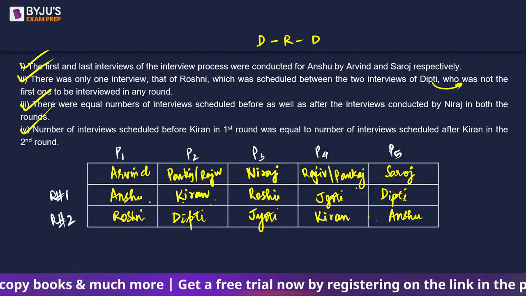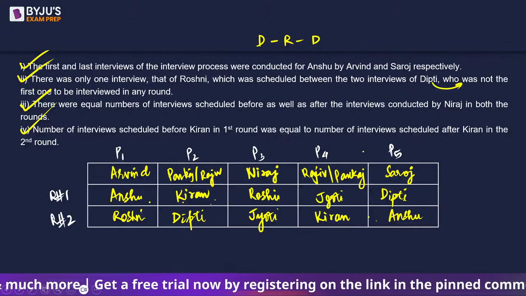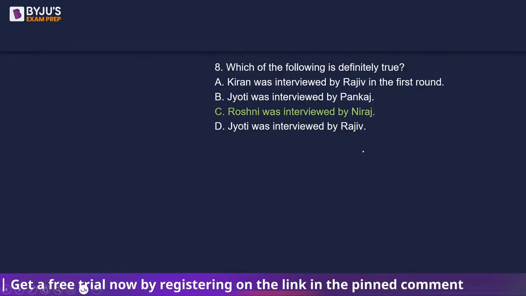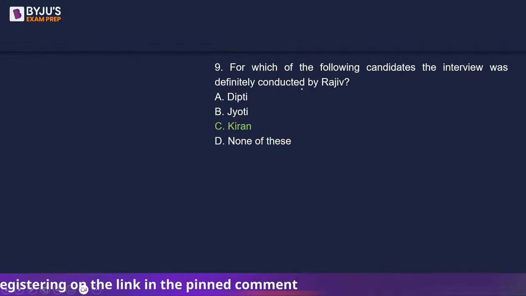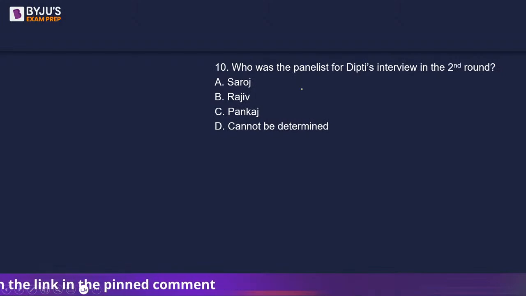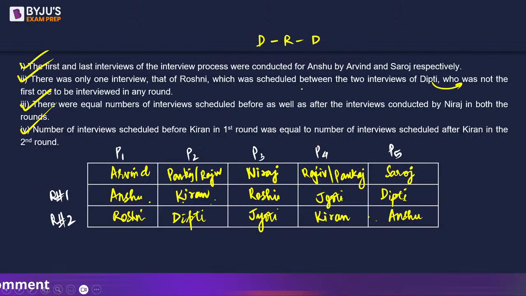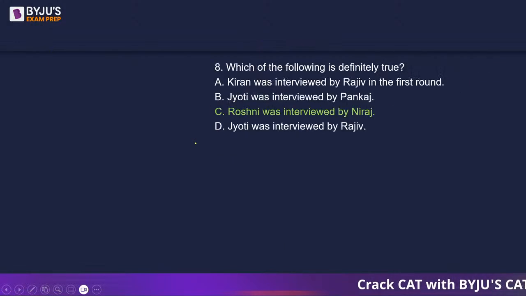But Jyoti and Dipti alag naam hai. So can we say Rajiv will, no matter what, take the interview of Kiran? C option. Okay. Who was the panelist for Dipti's interview in the second round? Dipti's interview in the second round cannot be determined. It could be Pankaj or Rajiv, right?